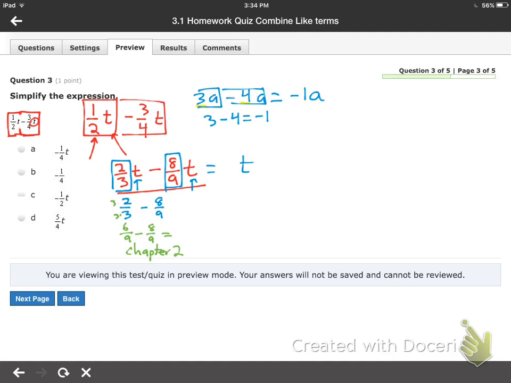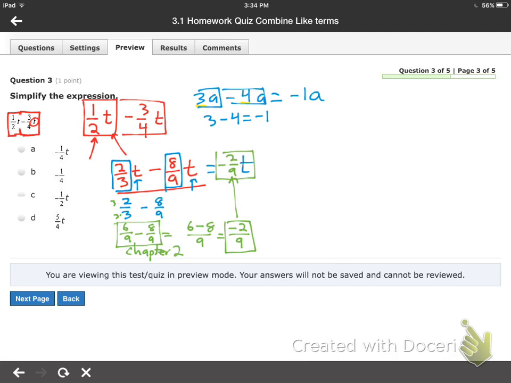If you need to use a calculator, if you're really not sure how to add or subtract fractions together, do that, but most people should be able to do this at this point. 6 take away 8, all over the common denominator 9, is going to equal a negative 2/9. Now this number isn't my answer, but it is my coefficient that goes along with the variable.